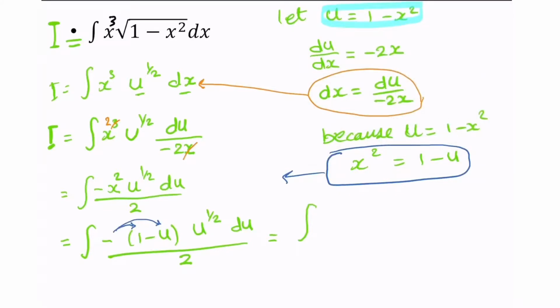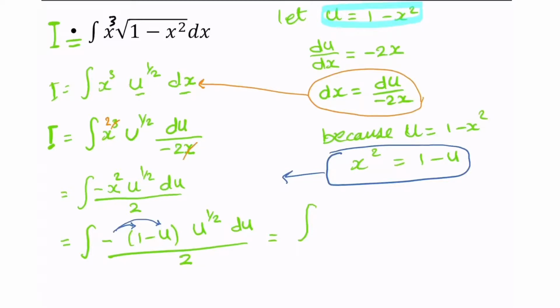The u to the power half will be multiplied as well. So the first one is going to be minus 1 plus u.